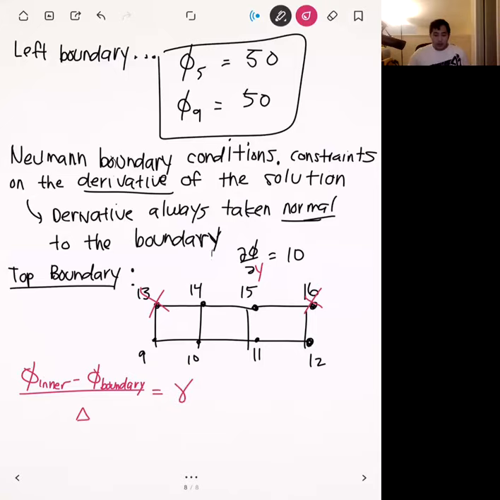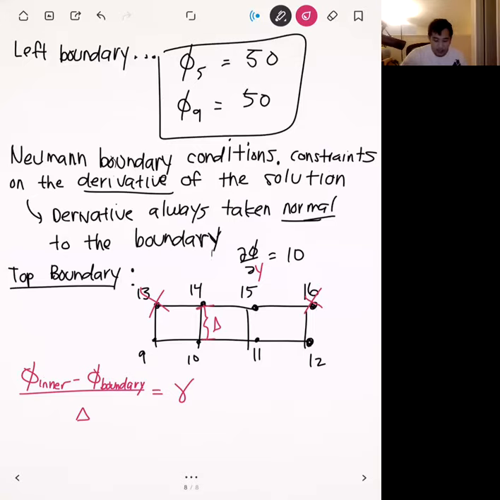Right. And so what we do is we take a difference in phi values between the inner neighbor, or the node that's right on the interior of the boundary, and we subtract that from the phi value at the boundary. We divide it by the distance between them. Right. And so here the delta is going to be this distance here. Okay. And then that equals whatever our Neumann value is.